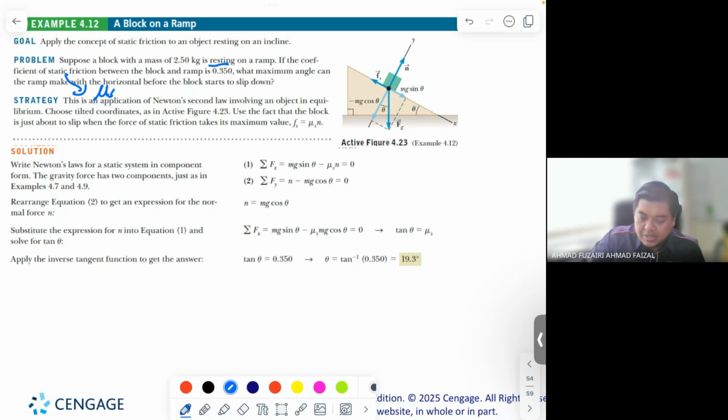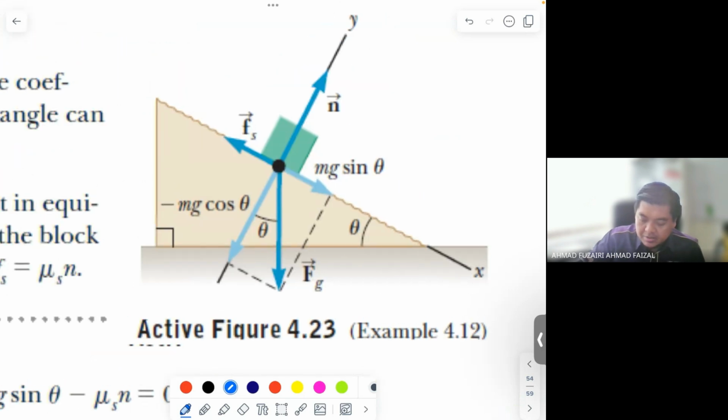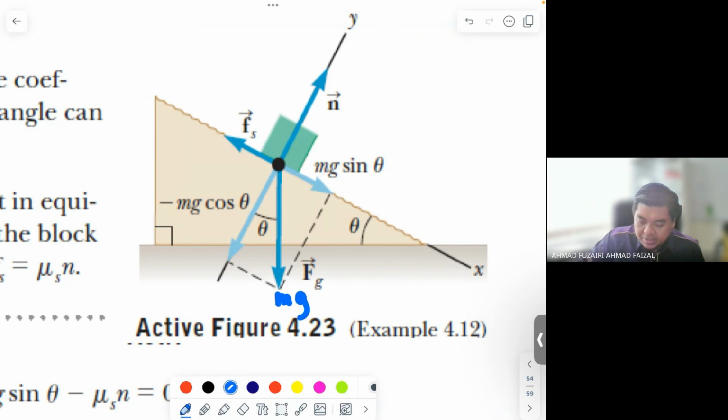The incline situation like this one contains mg, and of course the direction of the acceleration of the box should be in that position.